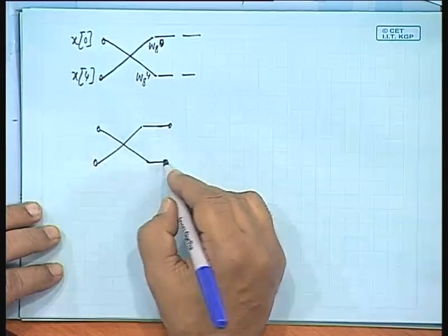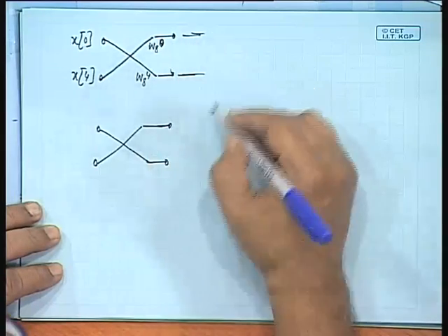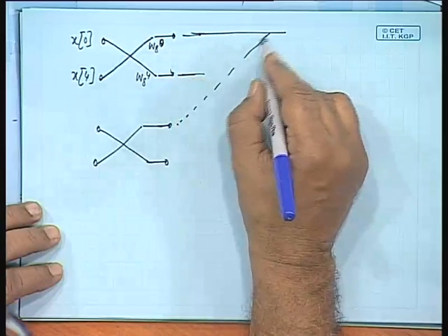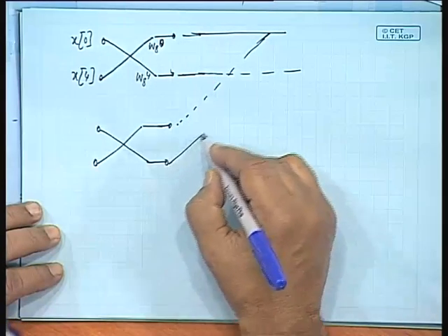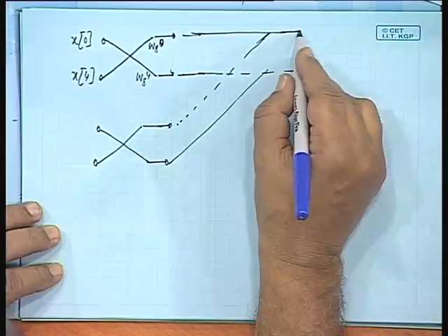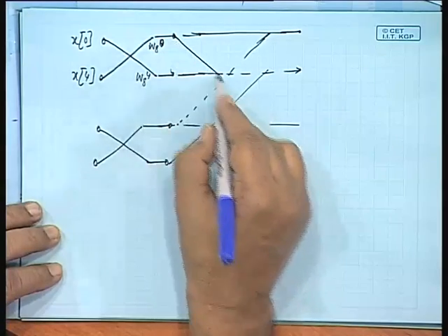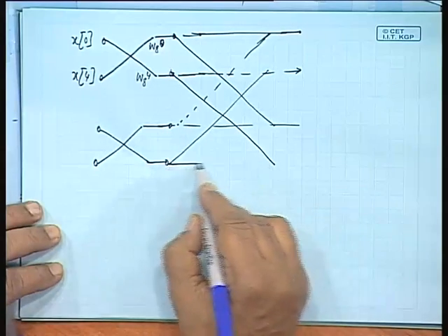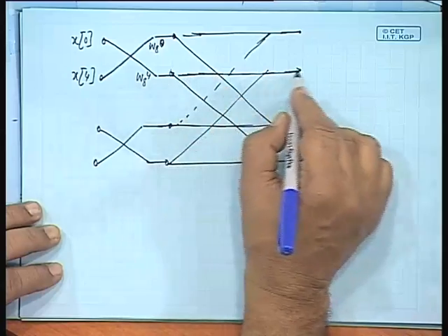See, these two pairs, if they are to be combined to get the 4-point sequences, it is like this.